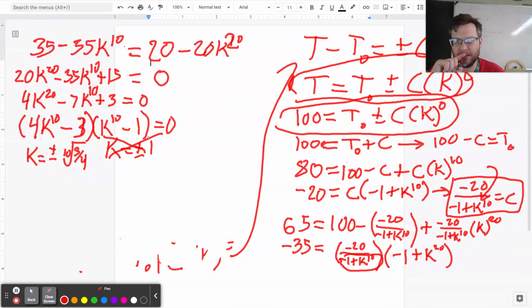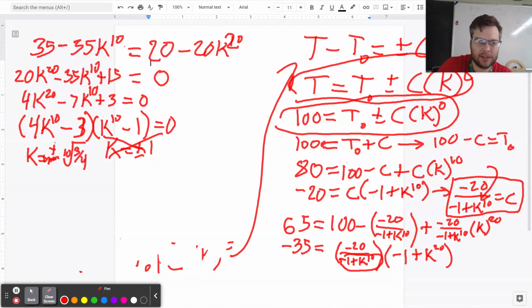The other K values end up working out pretty much the same way, but the negative value would make it bounce between a positive and a negative, because if you have a negative base on your exponent, it switches between positive and negative. That's not how things cool down. So we're going to keep just the positive 10th root of 3/4.